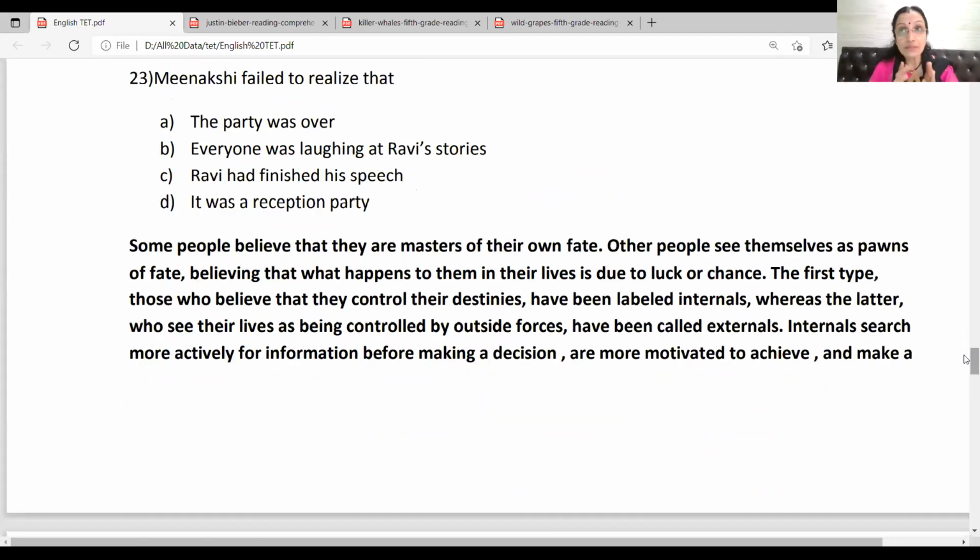So now here, after this, I'm not going to show the passage again, I'll just go straight away to the questions, which means you have to understand this very well. Some people believe that they are masters of their own fate.